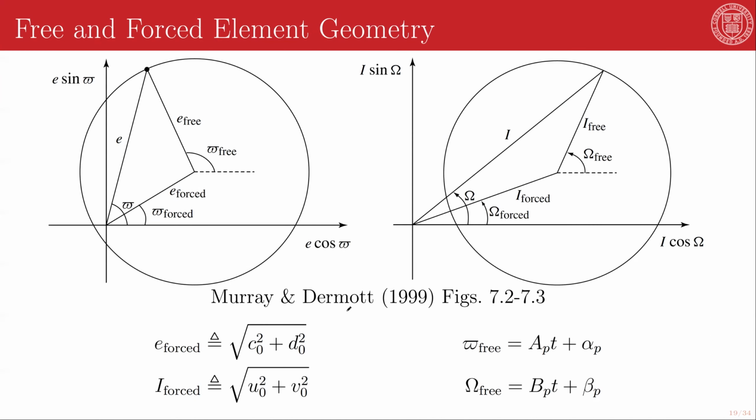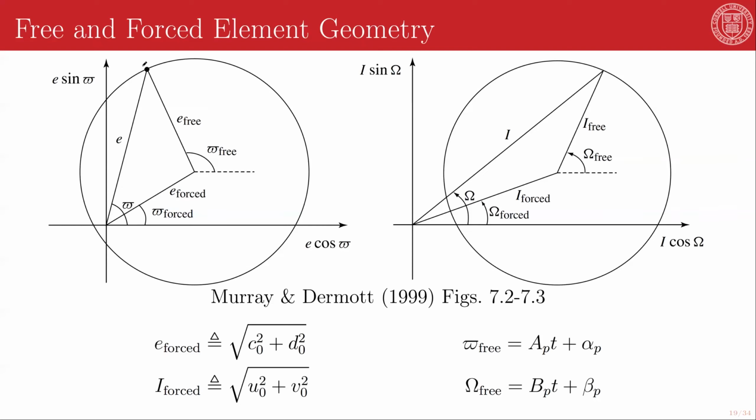Our test particle has some osculating orbital elements, and then it has these free and forced components of orbital elements that we've defined via this process. The geometric interpretation of these definitions is that our particle is going to travel about a point C naught and D naught in the CD plane, which you will recall is given by E cosine var pi and E sine var pi, at a constant rate of that AP coefficient.